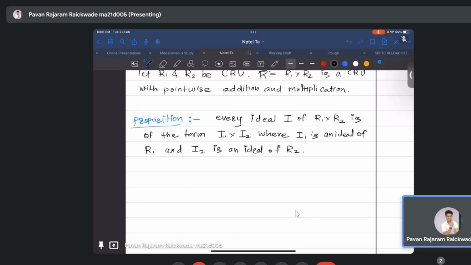So, proof. We started this proof in the last week itself, but couldn't complete it because some minor details were missing. So now I'll give a nice and precise proof.